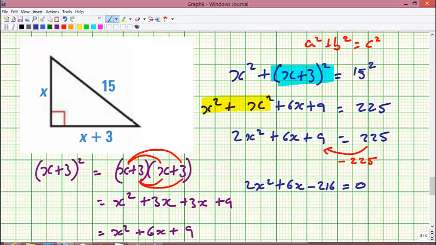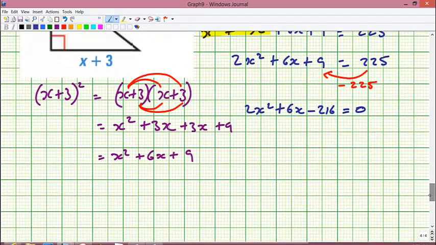Now this is a quadratic equation, and we can solve this using the techniques we've used before. So let's think about that. Everything is divisible by 2, so let's do that. Let's try and simplify it. X squared plus 3x minus 108 equals 0.